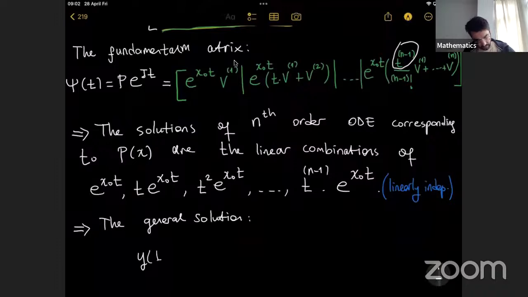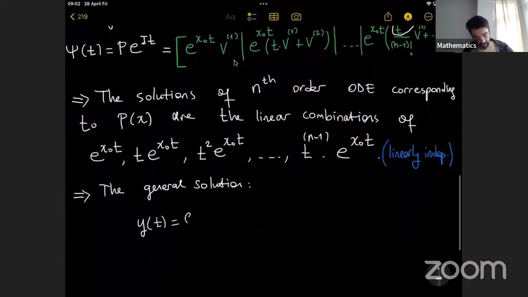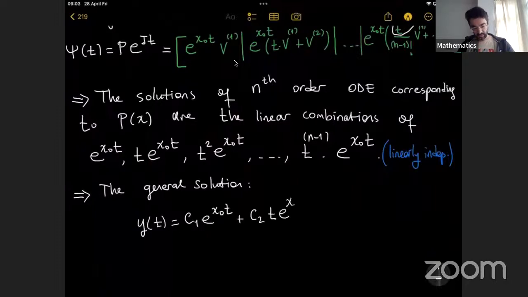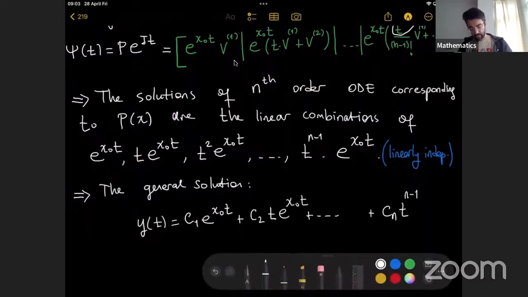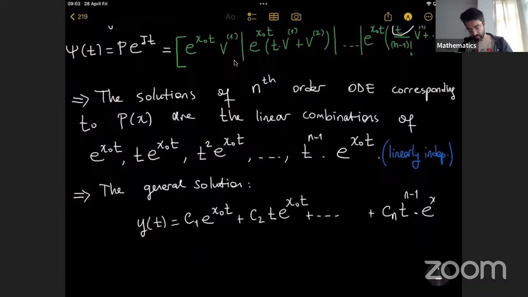General solution: y of t is c1 e to the lambda 0 t plus c2 t times e to the lambda 0 t, and you go like that, okay? cn t to the n minus 1 e to the lambda 0 t.